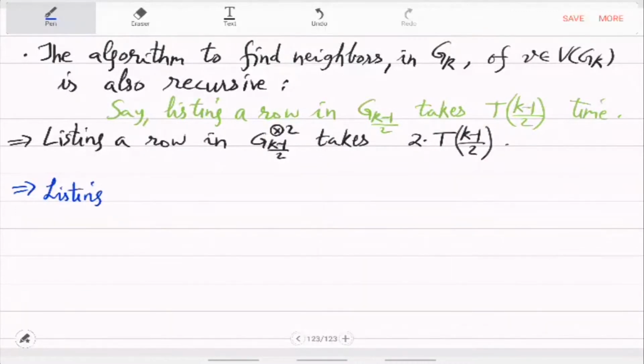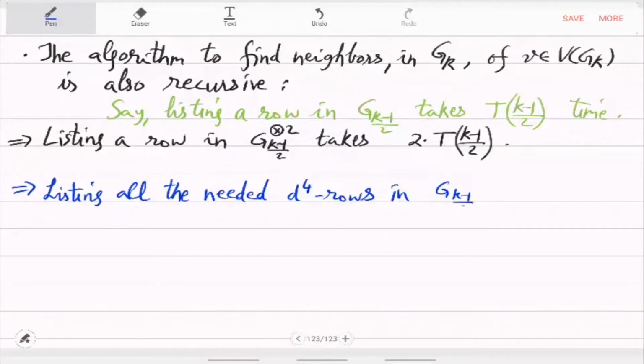So this means that listing all the rows, now this is for the zigzag product with H. To take the zigzag product, let me remind you that this row has d raised to 4 sparsity.